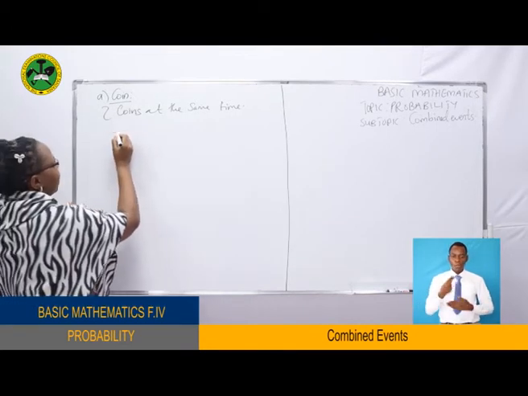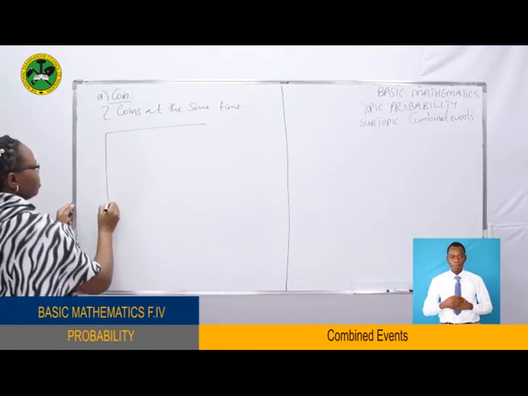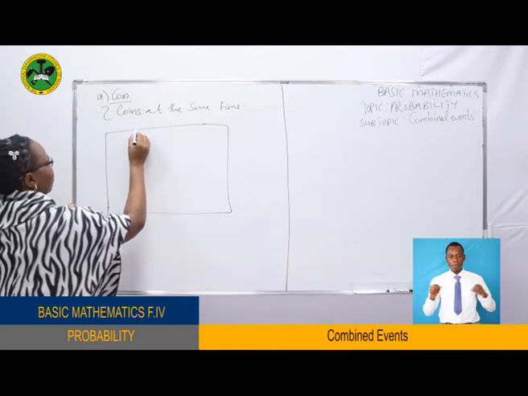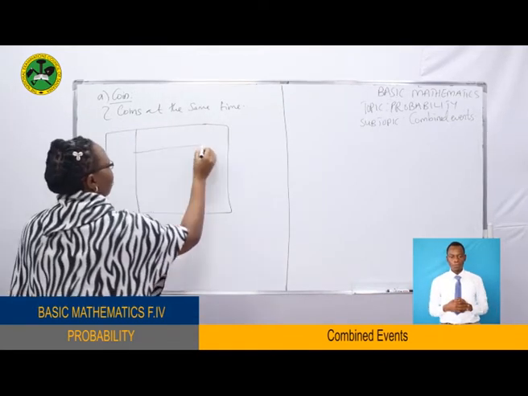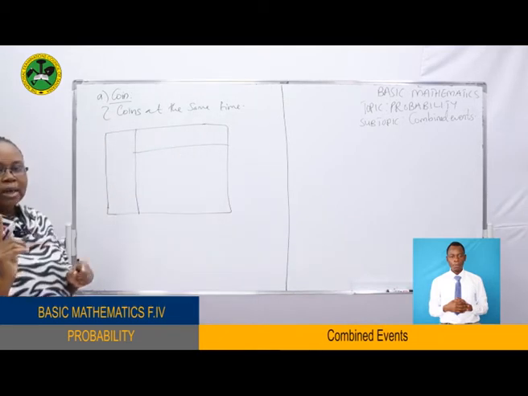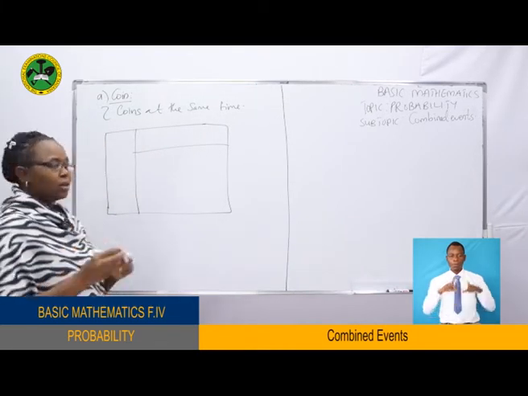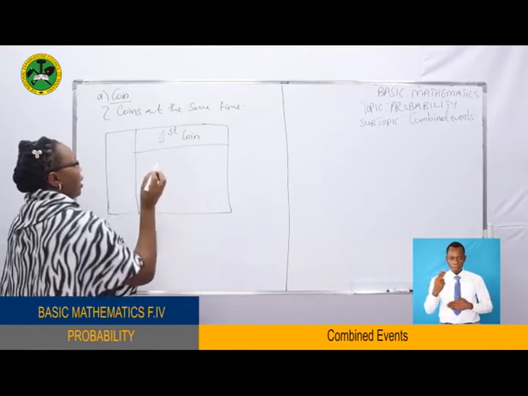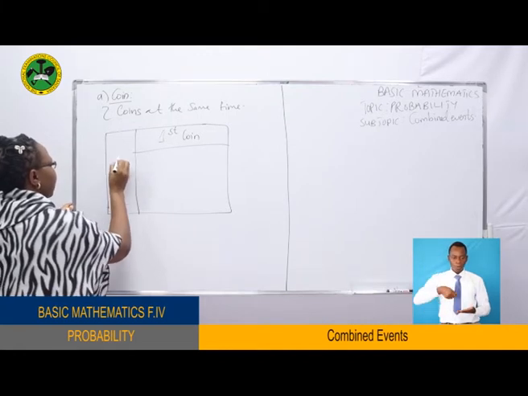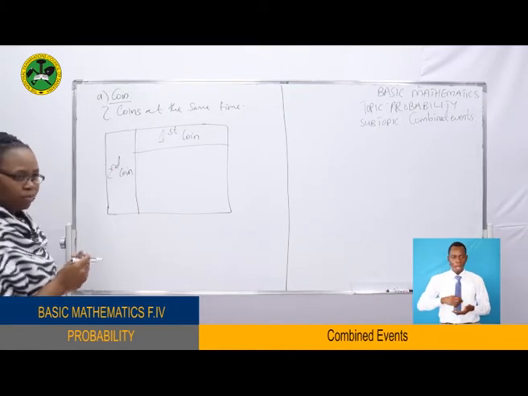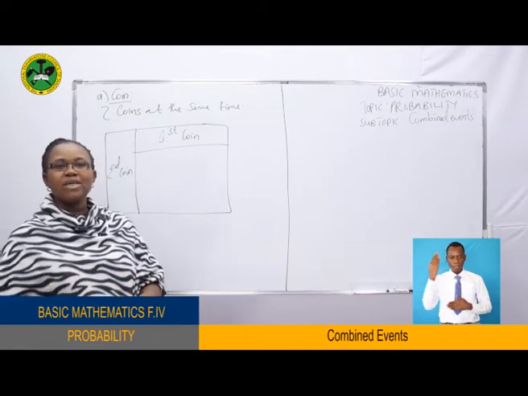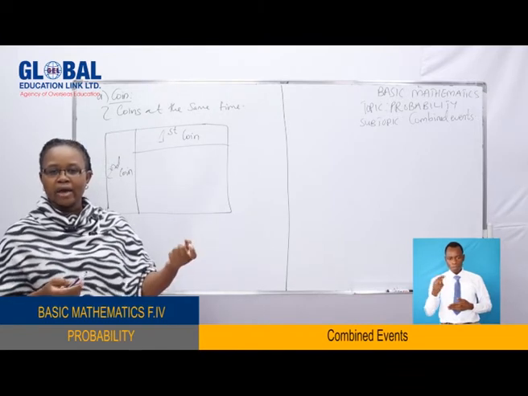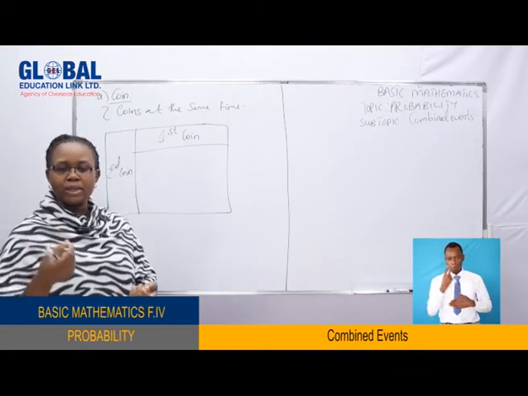Then you draw your table, and your table will contain two coins. Let's say this one will be your first coin and this one will be your second coin. When you toss these two coins, we know the outcome is either head or tail.